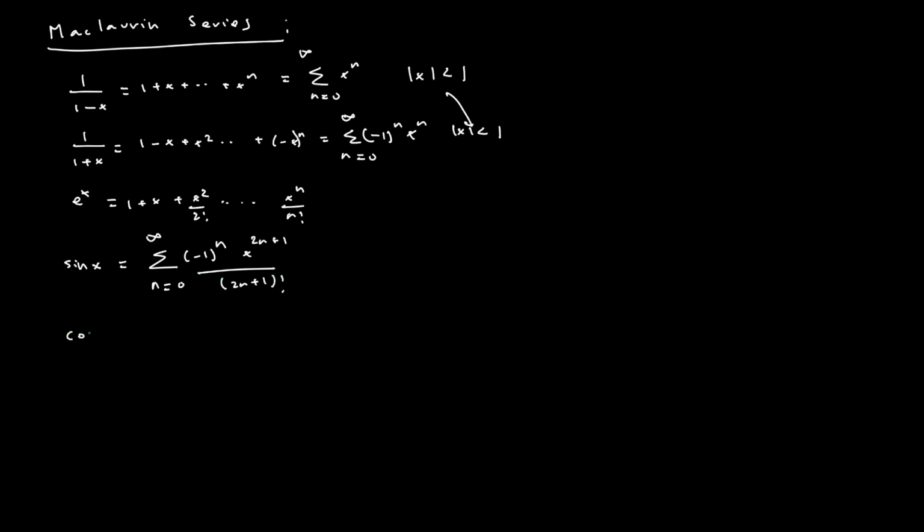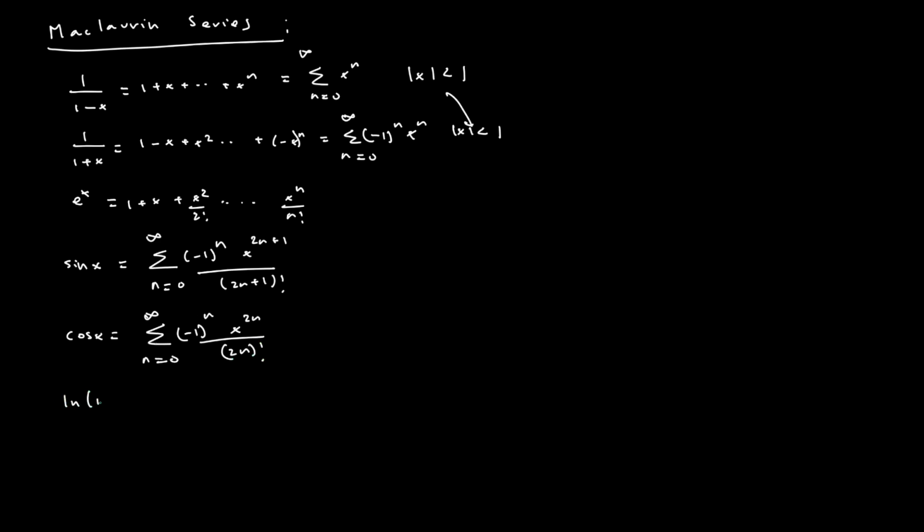Cosine x is equal to the sum from n equals 0 to infinity of negative 1 to the n times x to the 2n divided by 2n factorial. And notice how sine and cosine are very similar, and that's just because the derivatives are basically alternating.